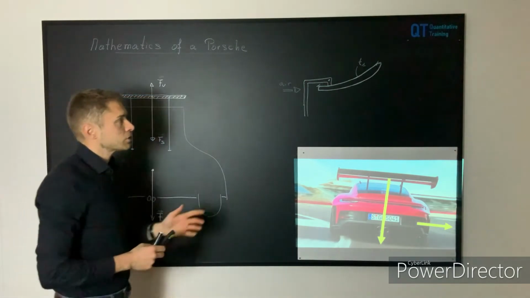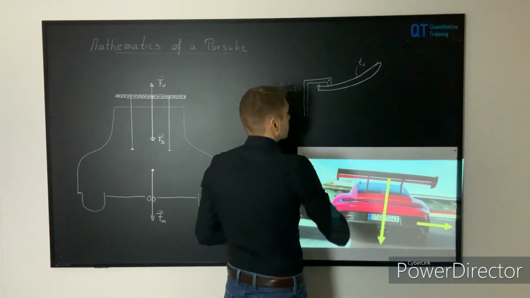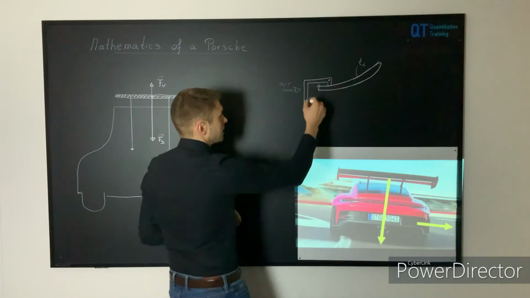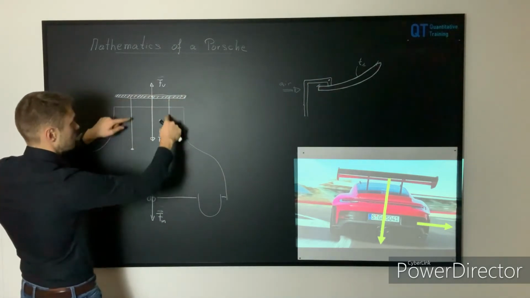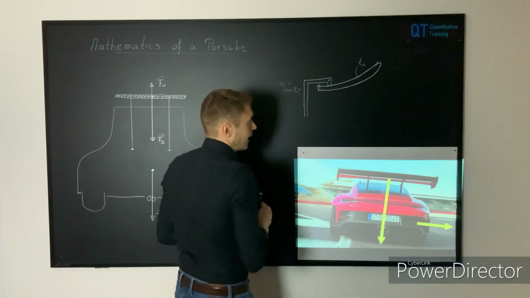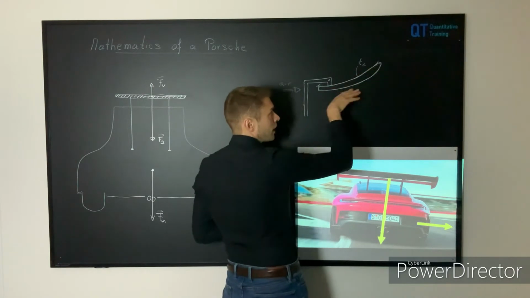And in order to do this, I sketched here a drawing of a spoiler. That's where the spoiler is fixed here. This is when you look at it from the side. And you have the air going like this, and then you have the airflow going over the spoiler and under the spoiler.